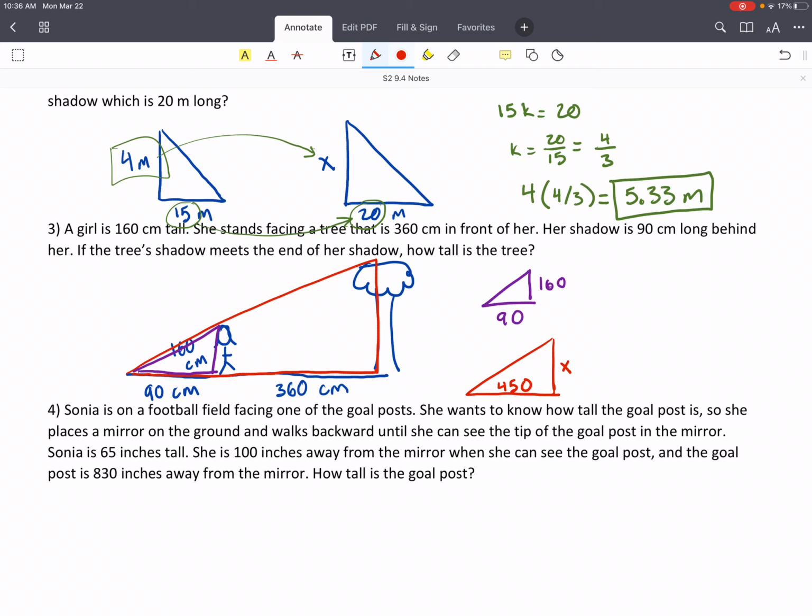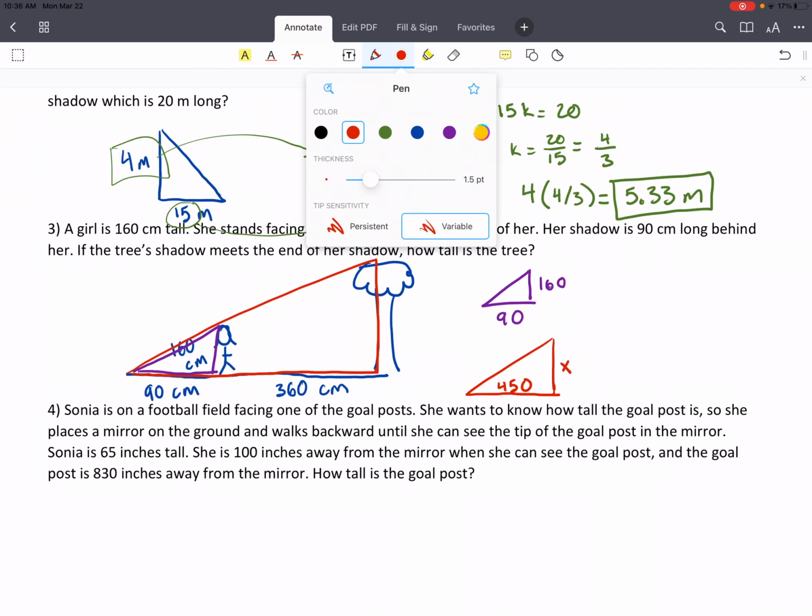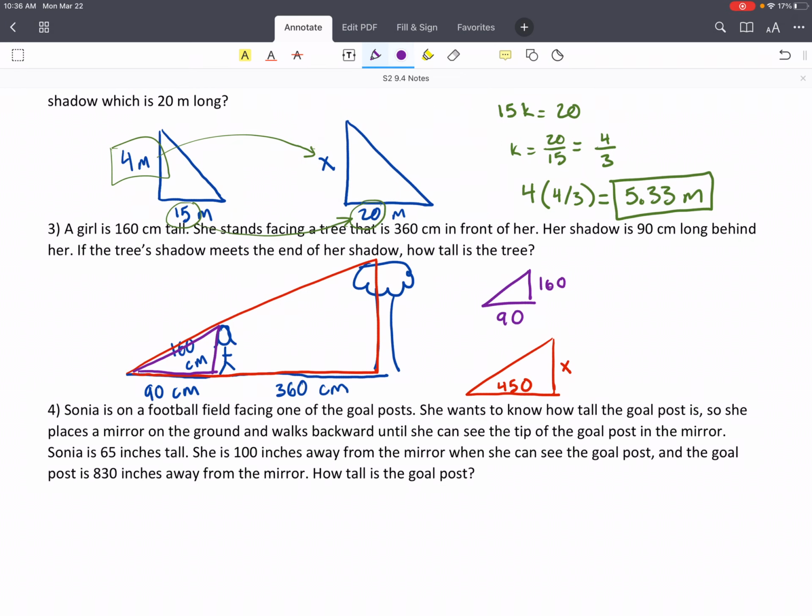So now we find our scale factor. So I'm going to go 90 to 450. 90 times some scale factor gets me 450. So I'll just divide those.